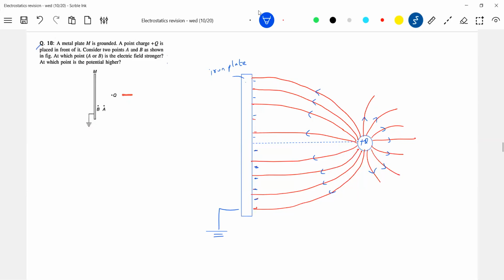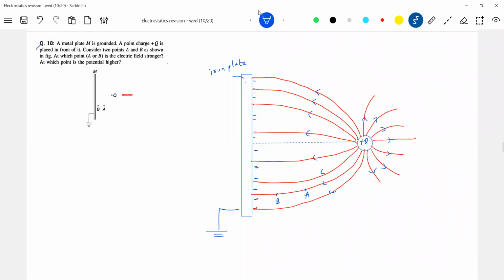Okay, let's come to A and B. B is here, no? Yeah, we'll take this A and B. So he's asking at which point the electric field is stronger, and at which point the potential is higher.